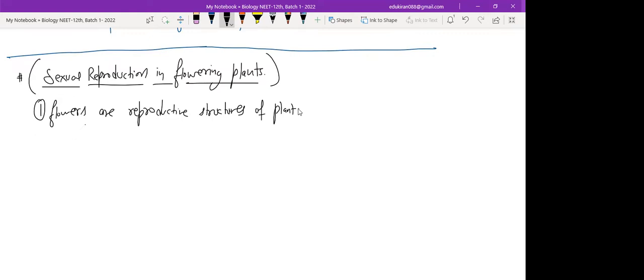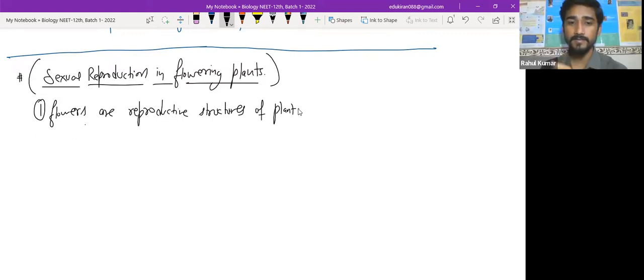Yes, they do it through external factors, which are called pollinators or pollinating agents. These pollinating agents could be animals, which are living, or also non-living, like wind and water. Through wind and water, also gametes are exchanged between plants, correct?